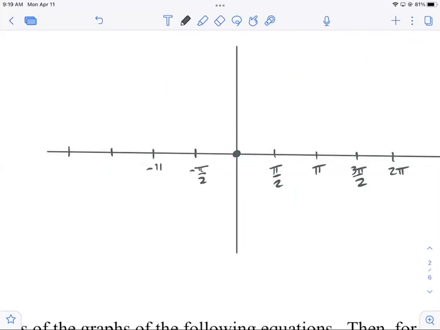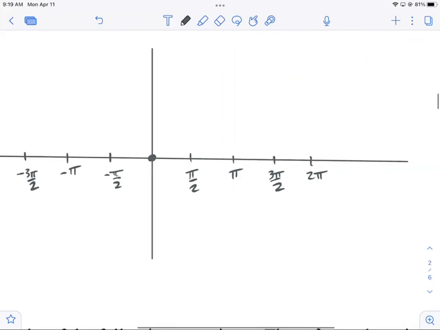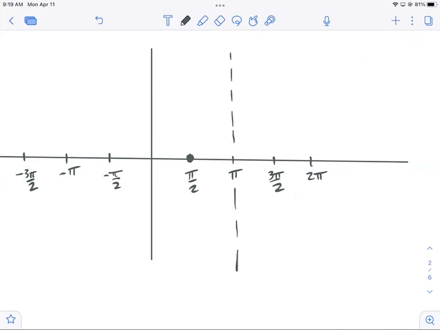Negative pi halves, negative pi, negative 3 pi halves, negative 2 pi. If we're off by pi halves radians, tangent normally has an axis point at the origin, right? Well, now it's going to be at pi halves. Tangent normally has a vertical asymptote at pi halves. Now it's at pi.